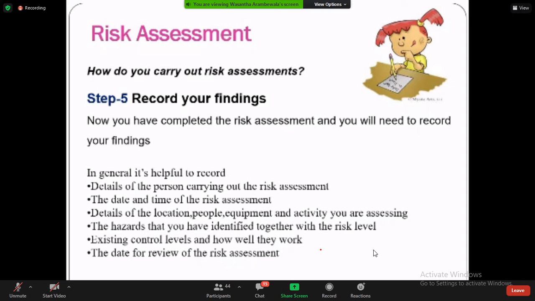For example, likelihood 5, consequence 5, 5 into 5 is 25. We evaluate the risk level as 25.